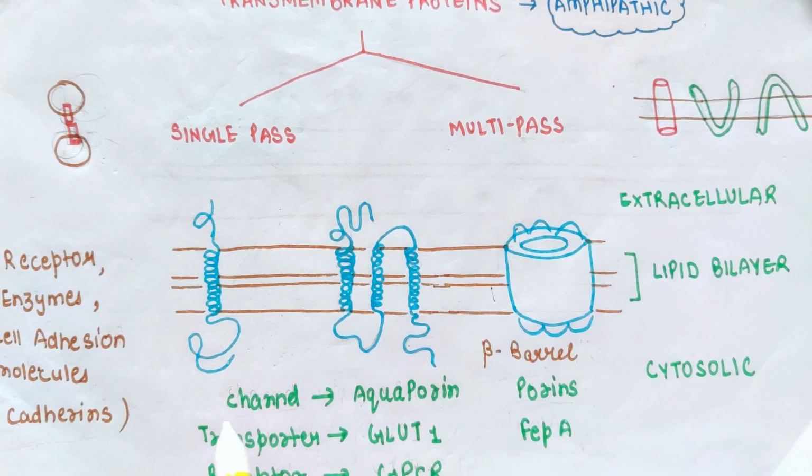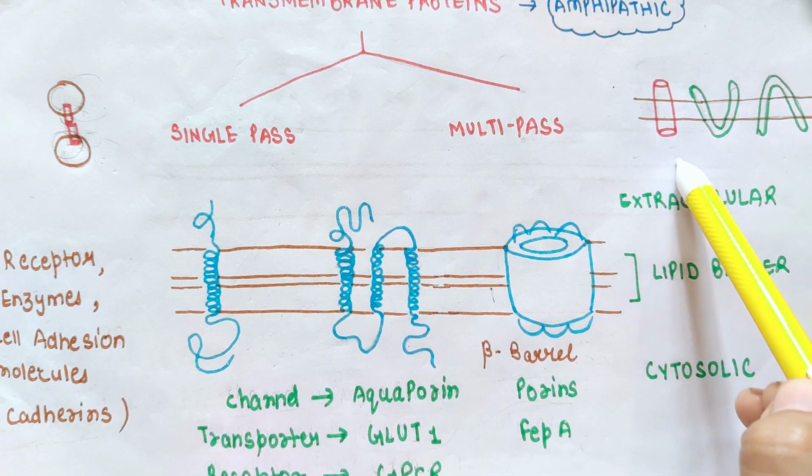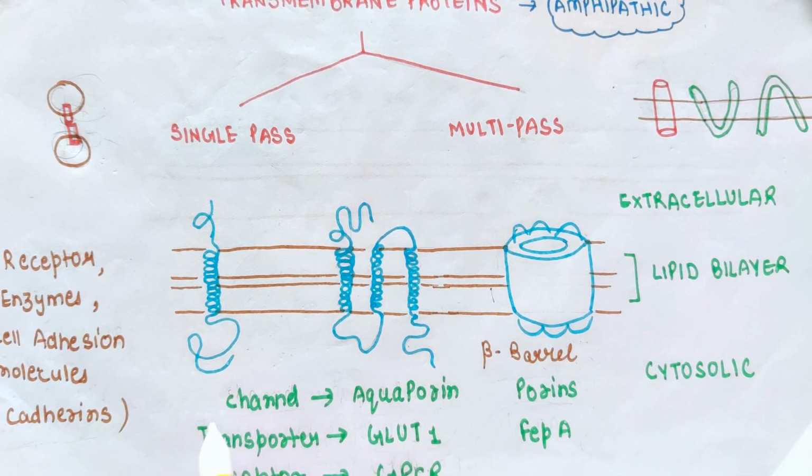An example of such channels is the aquaporins, which are water channels which allow the movement of water across the membrane. Secondly, they also serve the function of transporters. Example, GLUT1 transporter, which is a glucose transporter.